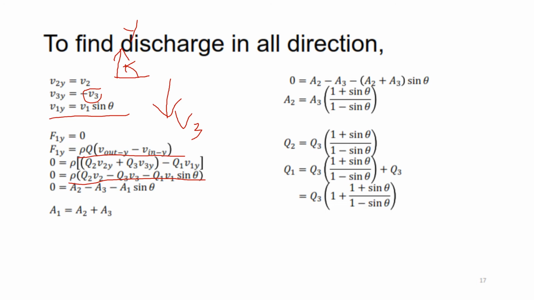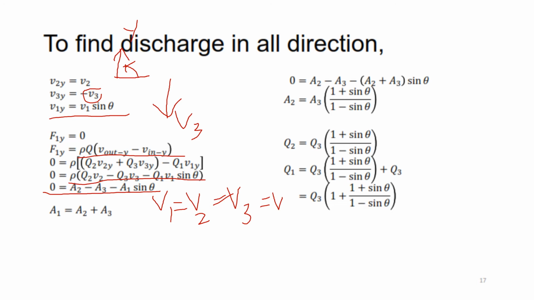So we can write A2 plus A3 minus A1 sin theta. Okay, why does the equation become like this? Because just now we already consider the V is the same. So V1 just now equals V2 equals V3, so equals V, right? So that's why we get A2 plus A3 minus A1 sin theta.